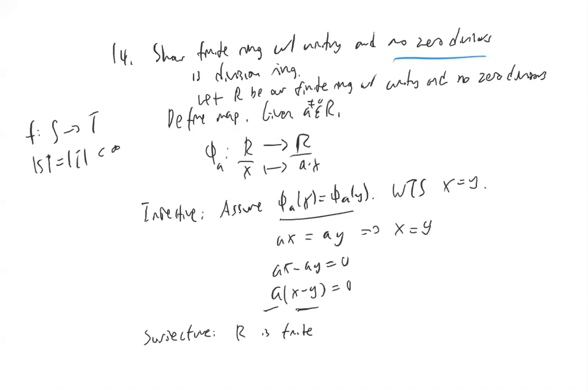Let me just convince you all. If you are injective, every element in S goes to a different element in T. So, for example, this map is injective. Do you agree injective tells you that the cardinality of S is less than or equal to the cardinality of T?